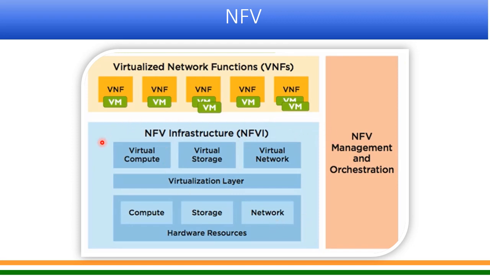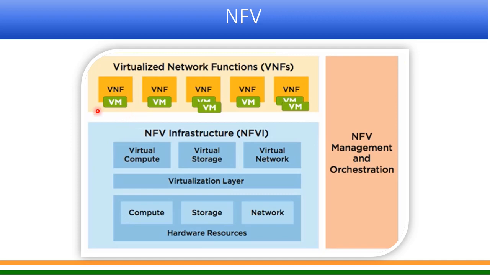This is the NFVI onto which the network functions will operate. On this virtualized environment you can create multiple virtual machines, VM1, VM2, VM3, VM4 and so on, or you can create containers. Both options are there. We'll talk about containers a little bit later.